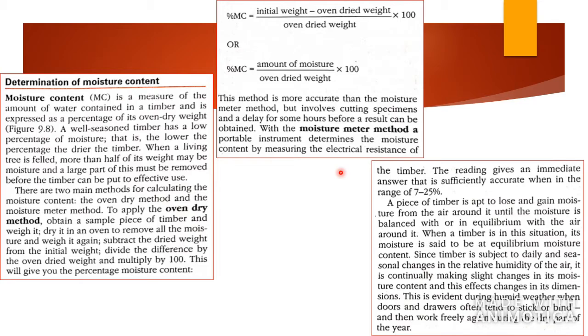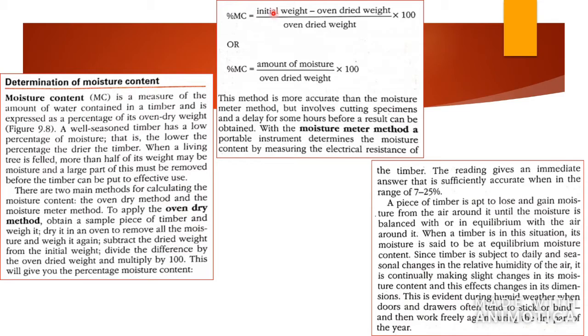When you cut down a living tree, more than half of its weight may be moisture. So you need to get out all of that moisture before it can be put to effective use. Above here, you see the equation for determining the moisture content in a log or a piece of wood.